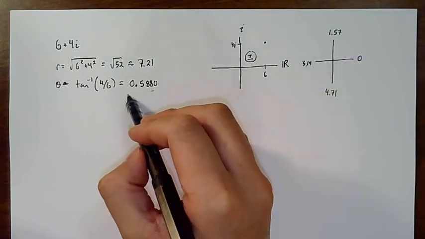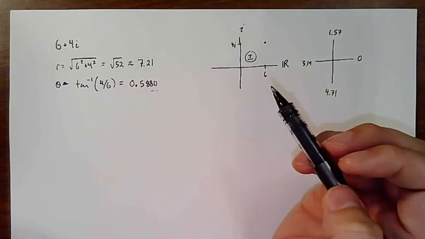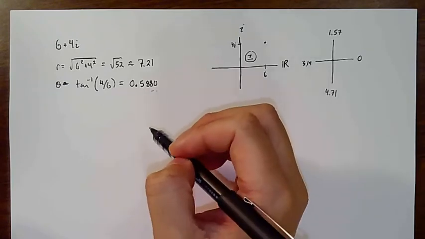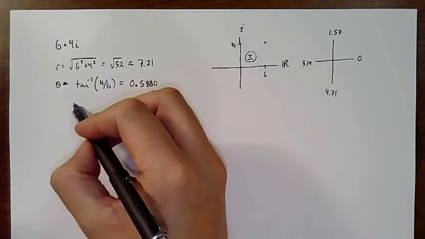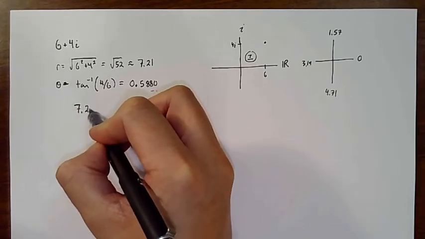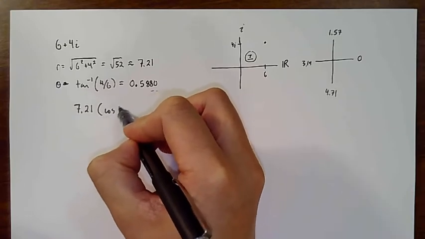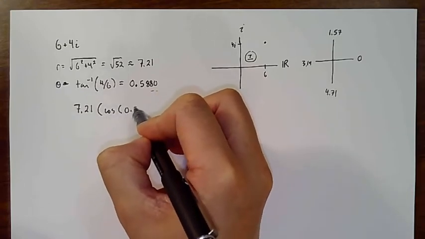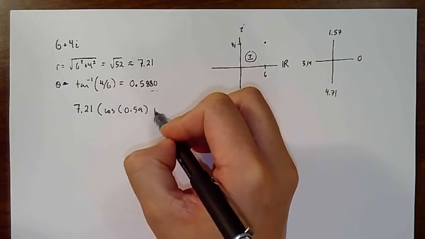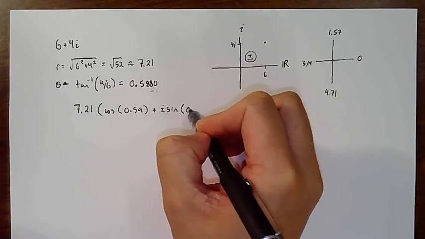So we have an appropriate angle, that's the right quadrant, and falls between 0 and 2 pi, which was our initial restriction. So we can write out our trigonometric form with these correct values. So we have 7.21 times the cosine of 0.59, that's after I round to 2 decimals, plus i sine 0.59.